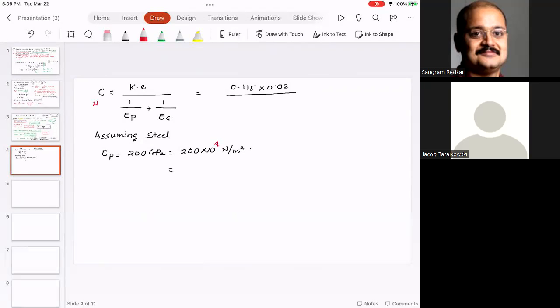This guy has to be in Newton millimeter, which means this value has to be in Newton per millimeter square.